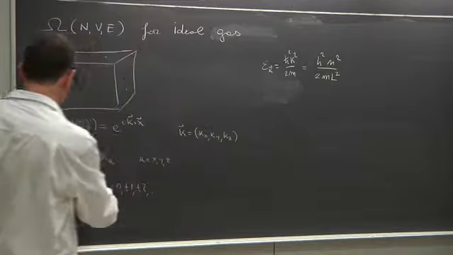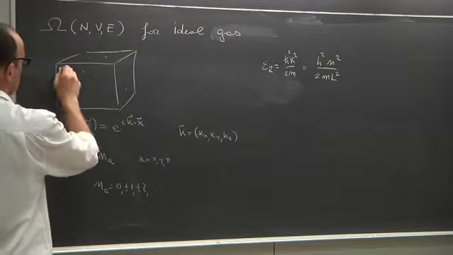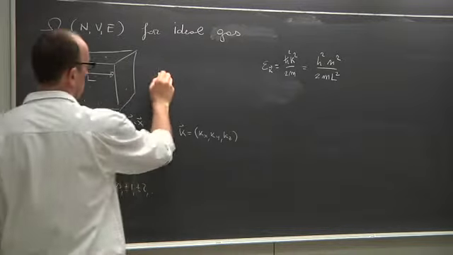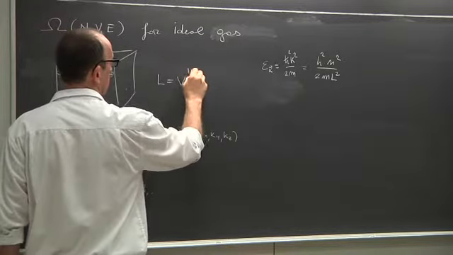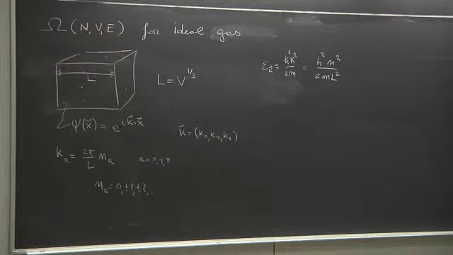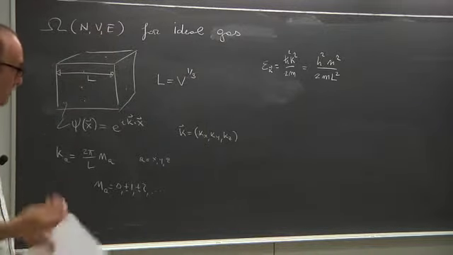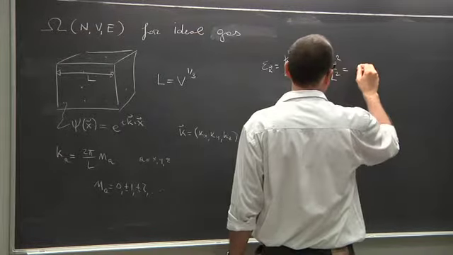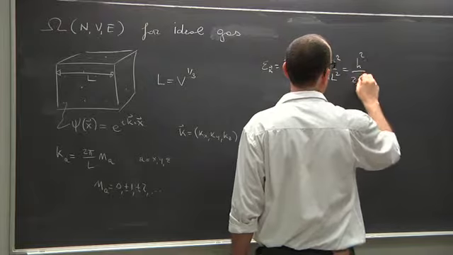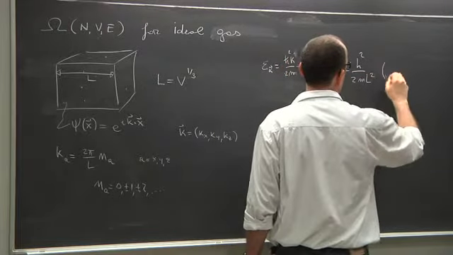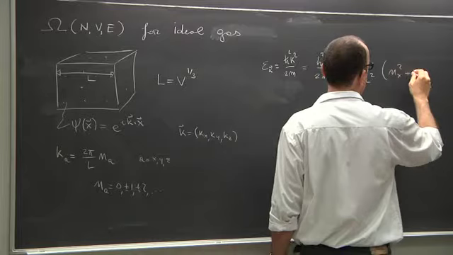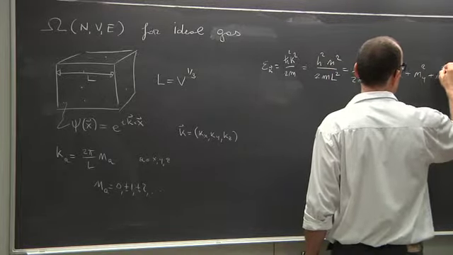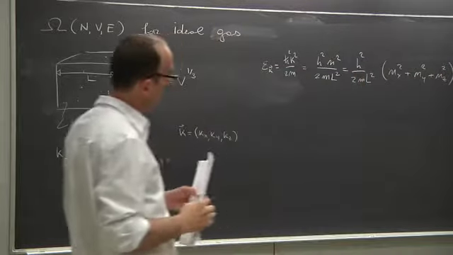Here L is the size of the box, so L is V to the 1/3, since I have a cubic box. And this n squared is nx squared plus ny squared plus nz squared.